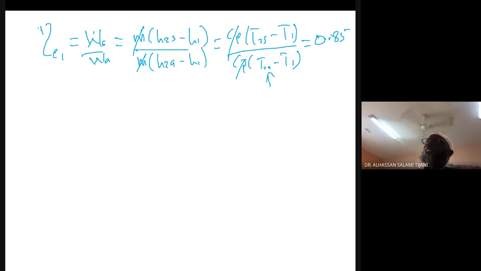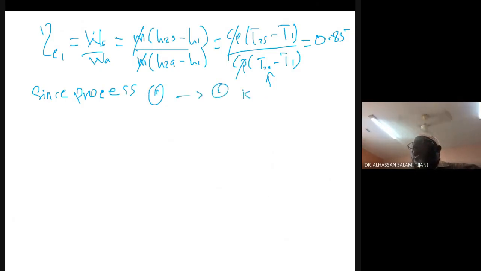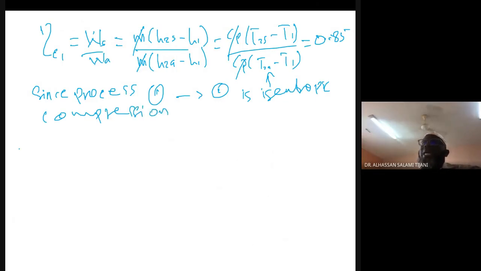Bear in mind, we are looking for T2A. So T2S is not known. Since process 1 to 2 is isentropic compression, we use the isentropic equation.